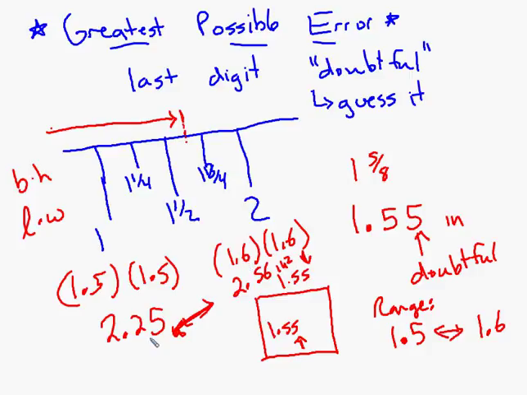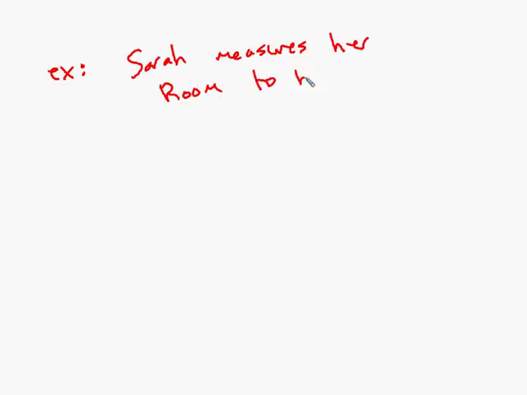Let's say, for example, Sarah measures her room to be 8 feet by 10 feet. Now, the last digit here, which would be a 0.0, is doubtful.